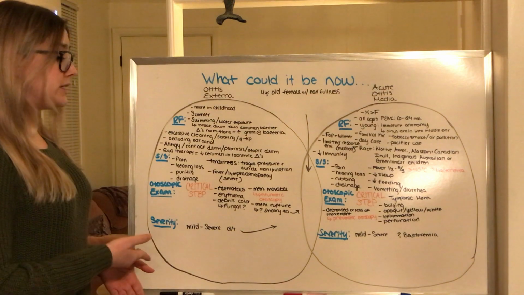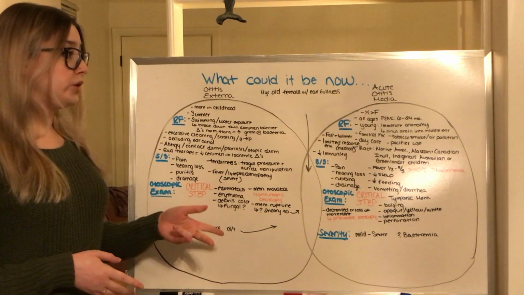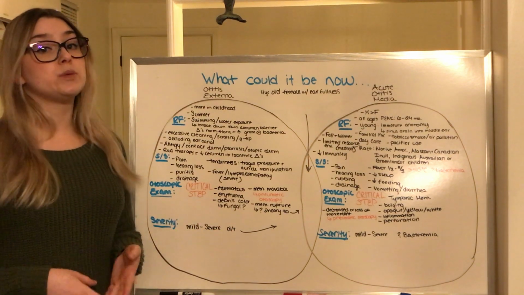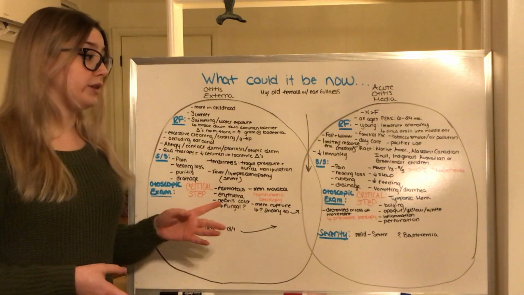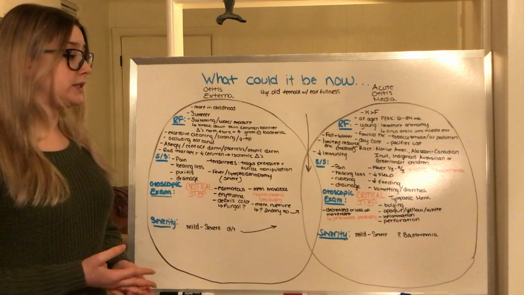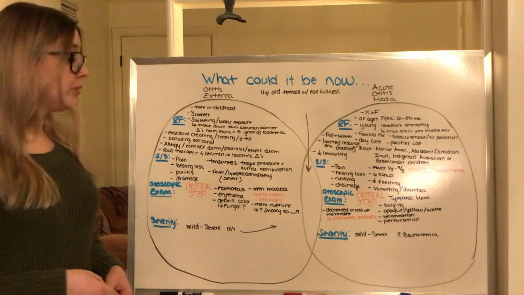Both of these illnesses have a spectrum of mild to severe. With acute otitis media, if we are seeing a more severe case with a super high temperature of greater than 40 degrees Celsius, we want to call emergency services to take this patient to the hospital because we are going to be questioning bacteremia.